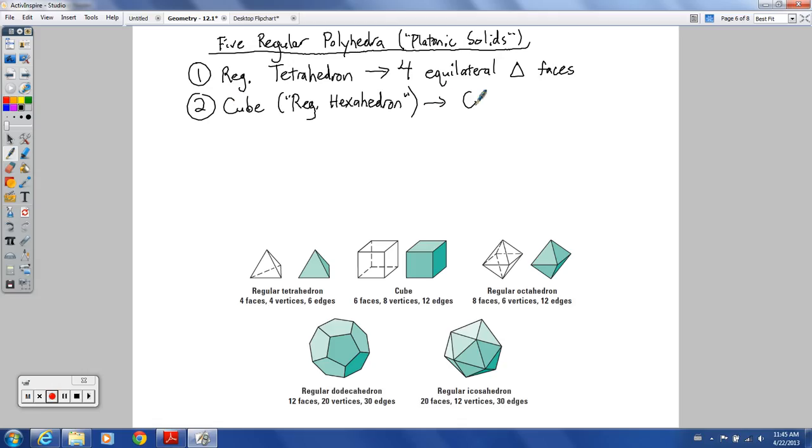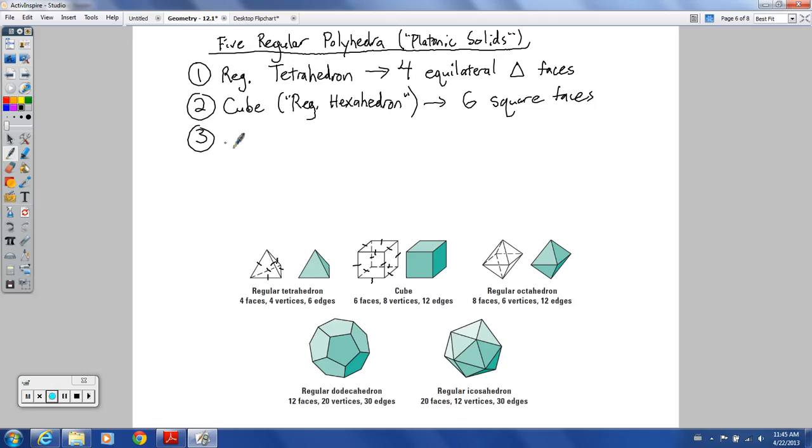It's got 6 square faces. Remember, these are all equal sides. So this right here, here, and here is the same. All these sides, all these side lengths are the same here, just as they are here. These are all the same here, and so on. We could continue that with all of these. I won't do that though, because it's just going to start to get kind of crazy here.